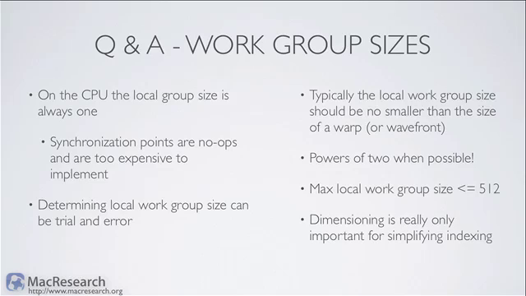Now, there's a couple things that you want to think of. Your global work size and your local workgroup size certainly should never be less than the size of a warp on NVIDIA hardware or of a wavefront on ATI hardware. On NVIDIA hardware, a warp is 32 threads, and we'll talk in great detail in other podcasts about warps and wavefronts.